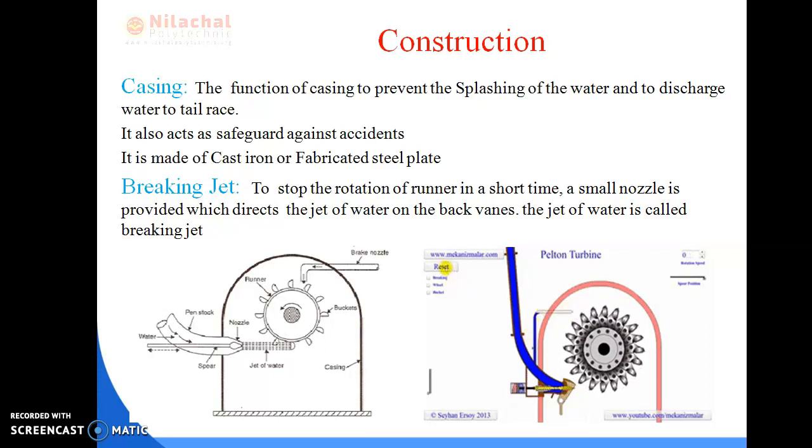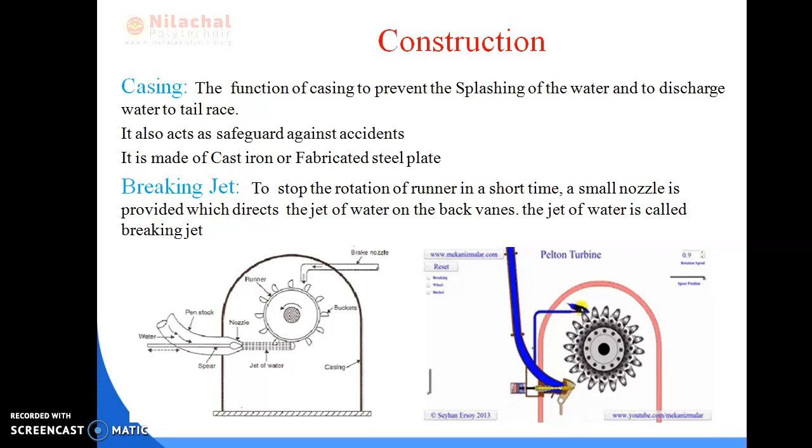As we know the velocity is much higher, so during that time shocks are produced on the blades of the runner, and different types of injury may also take place.